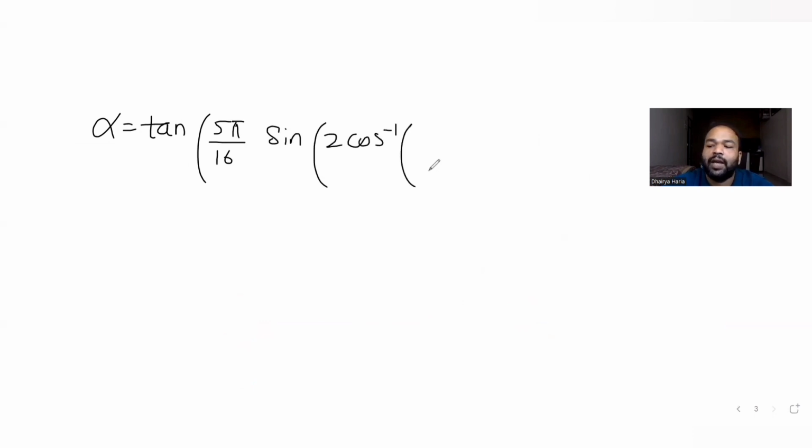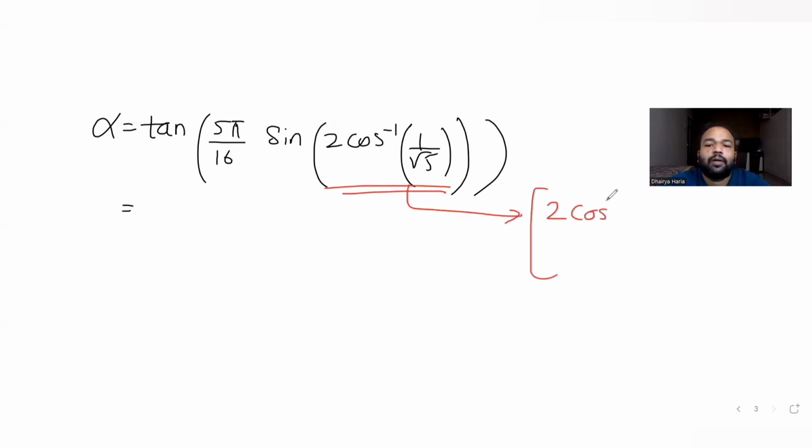So if I talk about alpha first, tan of 5 pi by 16 into sine of 2 cos inverse x, where x is given to us as 1 by root 5. To solve this, I can write 2 cos inverse x as cos inverse of 2x square minus 1.